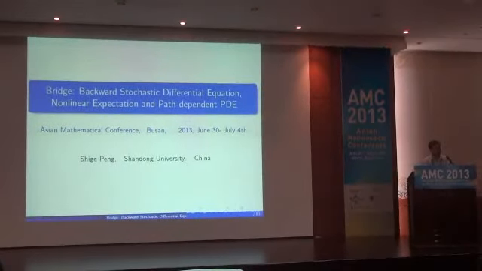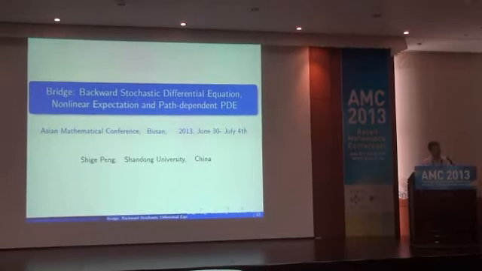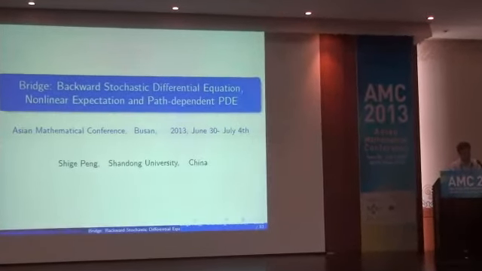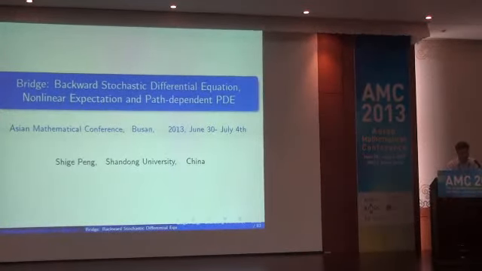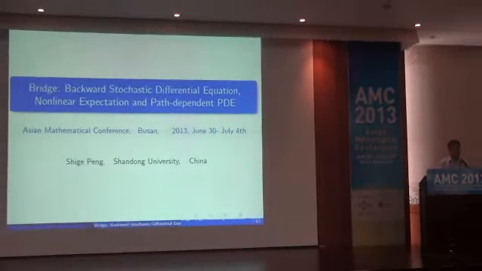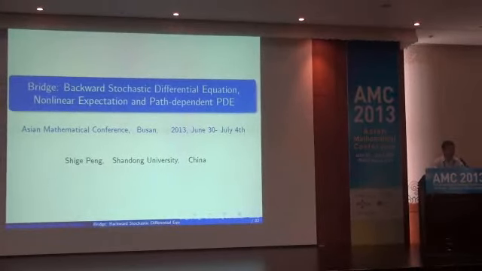Such kind of PDE was in fact ignored for a long time from the probabilistic point of view, because it's usually called a random variable, and then it's in fact very well posed PDE.